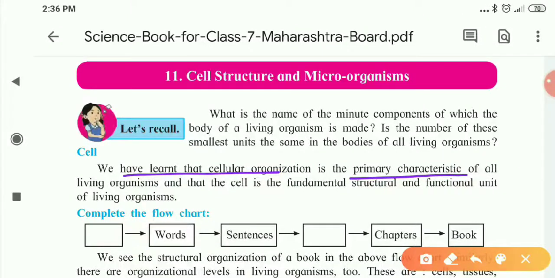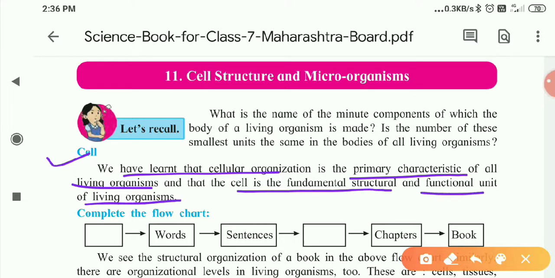These are some of the main characteristics of living organisms, and one of them is that the body is made up of a cell. That's why it is written that cellular organization is a primary characteristic of all living organisms, and the cell is the fundamental, structural and functional unit of a living organism.